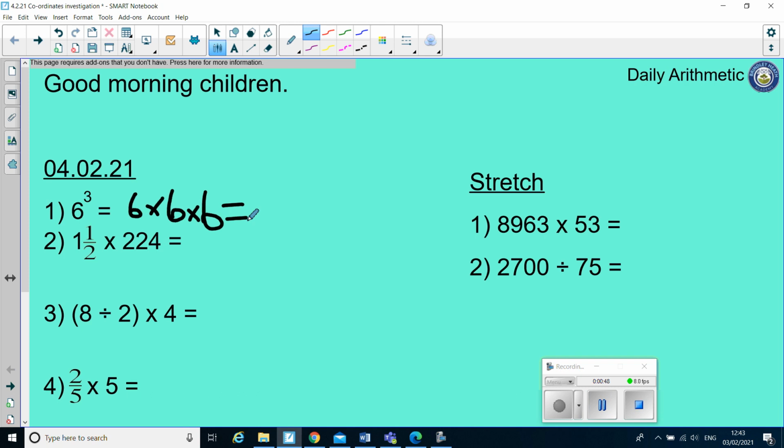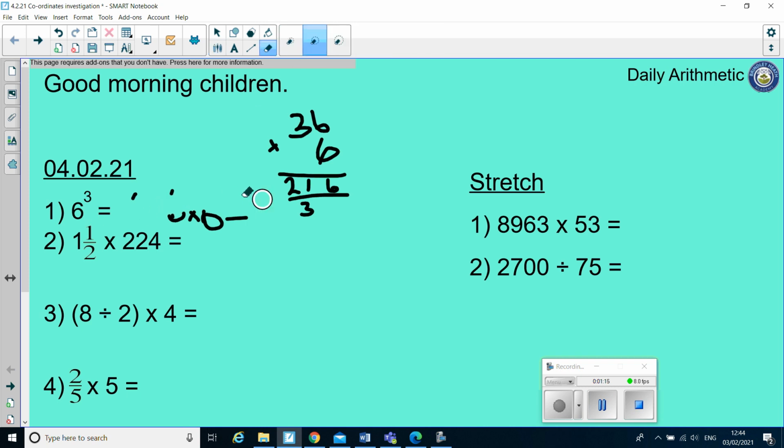So 6 times 6 is 36, and then we probably don't know what 36 times 6 is, so we're going to need to work it out. 36 times 6, do a little short multiplication. 6 times 6 is 36, carry my 3, 6 times 3 is 18, add my 3 gives me 21. So my answer is 216 for that first question.